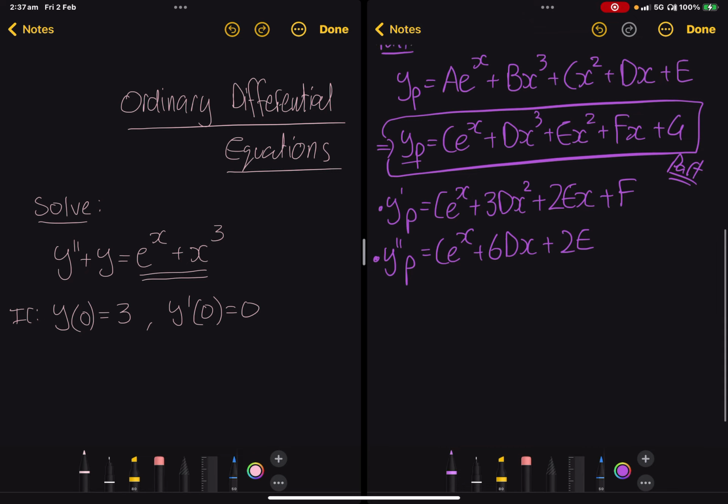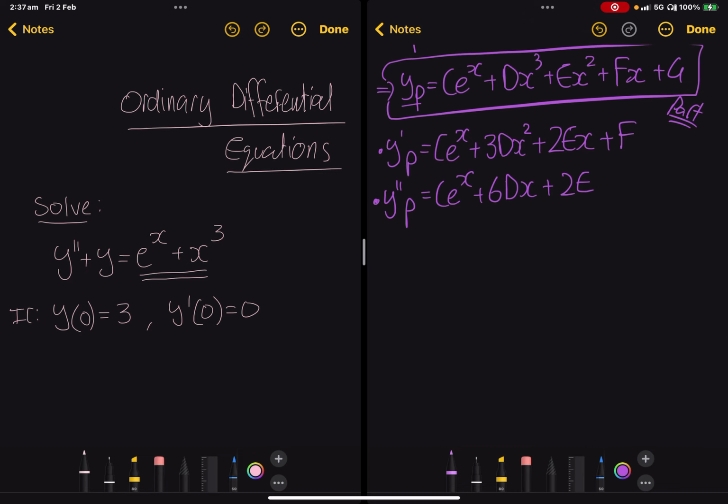We're going to plug them in to the DE. So we know that y double prime plus y is equal to e to the x plus x cubed. Notice the number in front of the e to the x is a 1, the number in front of the x cubed is a 1.